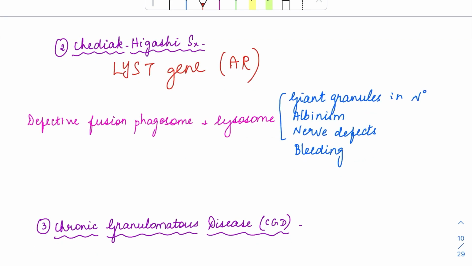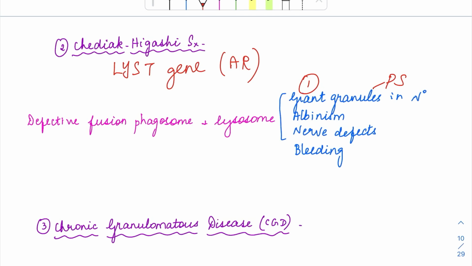The clinical features of this syndrome will be some kind of granular defect. So the first thing will be giant granules in the neutrophils. On peripheral smear, you are going to see lots of giant granules in the neutrophils. Secondly, albinism. The melanin granules are not going to be trafficked properly, and that will result in albinism.